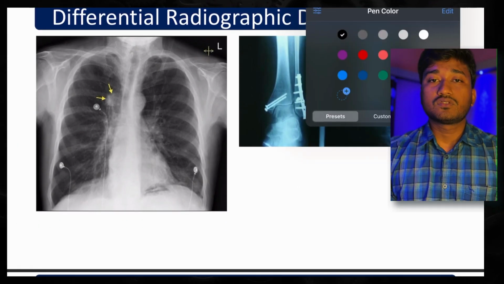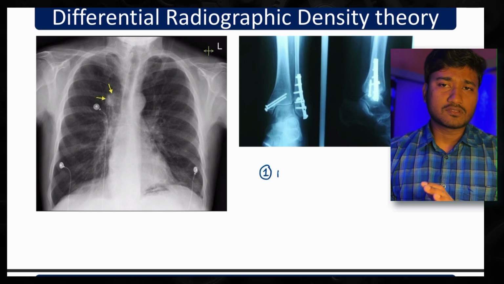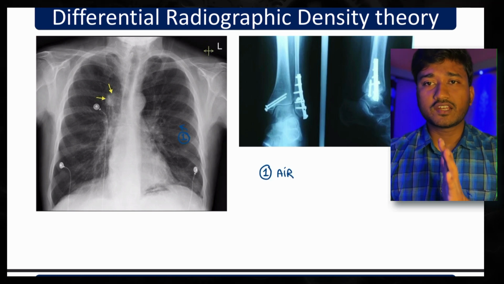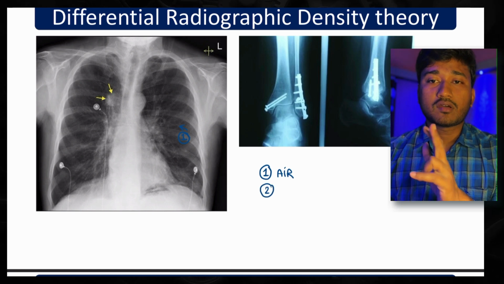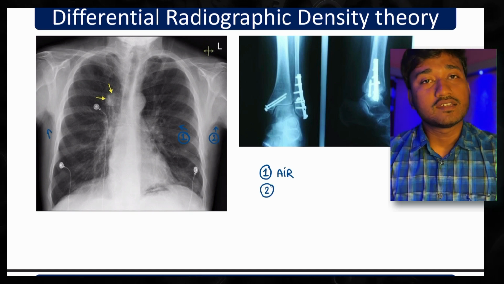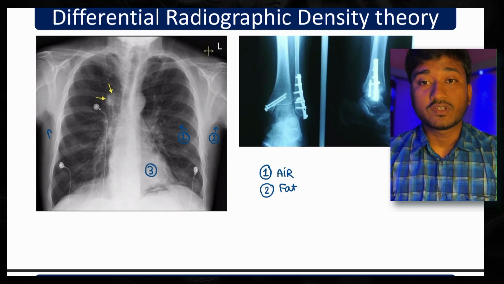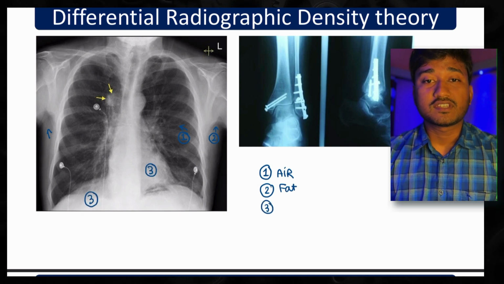Before understanding the different pathologies you can find in the lung, we must know the differential radiographic density theory. Number one is air density. Air is totally black. Number two is the subcutaneous tissue, the fat, which you can see present in the axillary region.